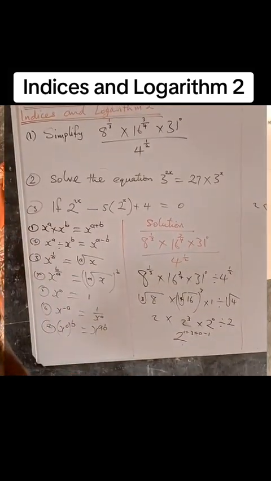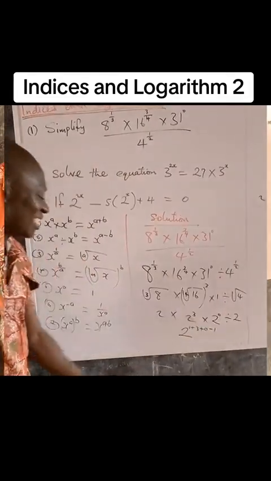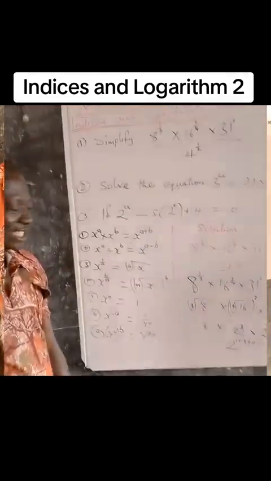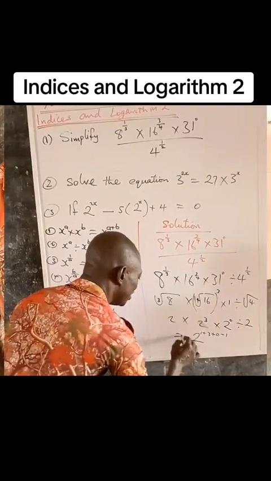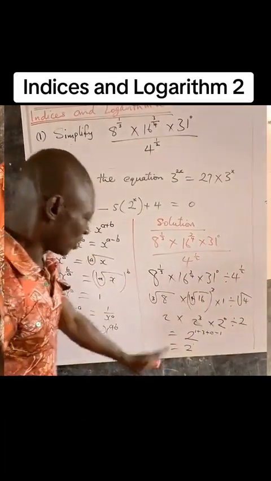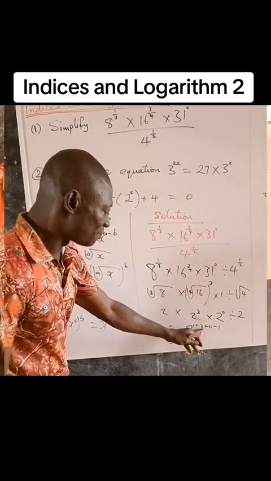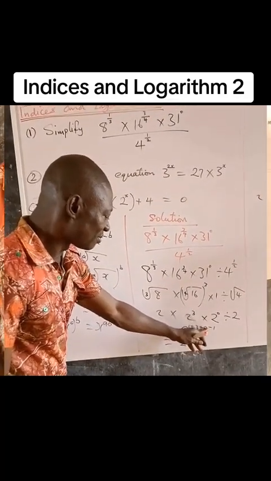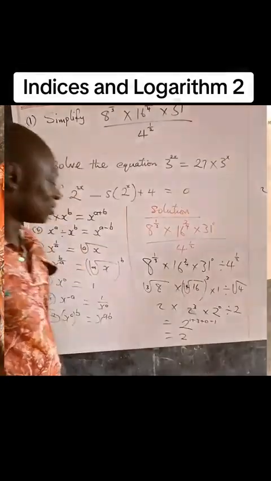You can see that when we solve the questions we have in indices here, whatever we get will be the index of this base 2. And so the answer is 2 raised to power: 1 plus 3 is 4, 4 plus 0 is 4, 4 minus 1 will give you 3.